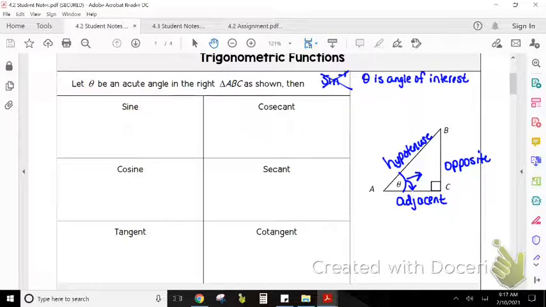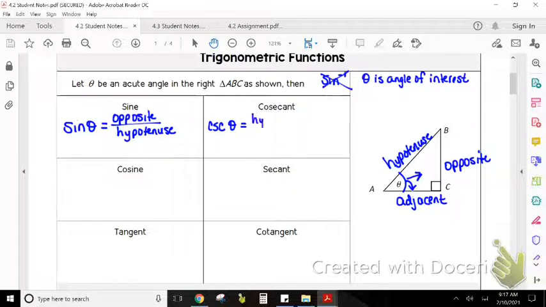Now, if I told you we wanted to find sine of that angle, sine, which is abbreviated SIN but still pronounced sine, of theta is equal to the opposite over the hypotenuse. And its reciprocal, cosecant, which is abbreviated CSC, of theta is the hypotenuse over the opposite.